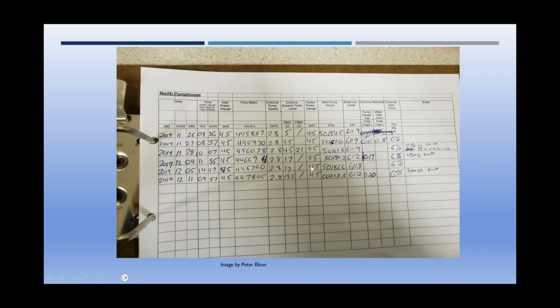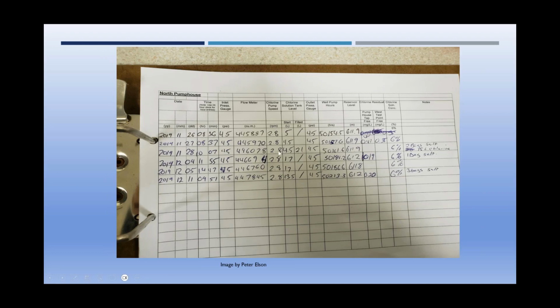And here's another system. So he's got the chlorine tank, which is really good. Shows you exactly how much he's putting in. But again, no calculations on actual volumes used every day.